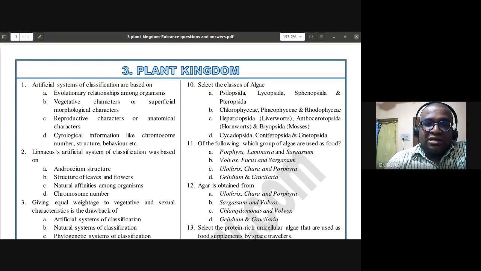In artificial, it is ruled out. Vegetative characters or superficial morphological characters. So the artificial system of classification is based on vegetative characters or superficial morphological characters. So that is the right choice.